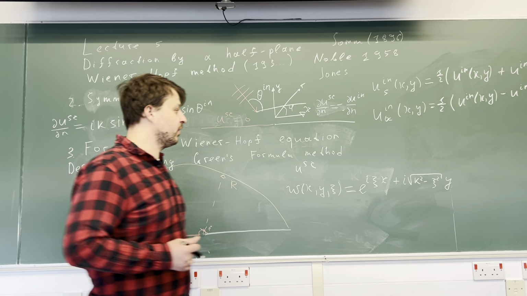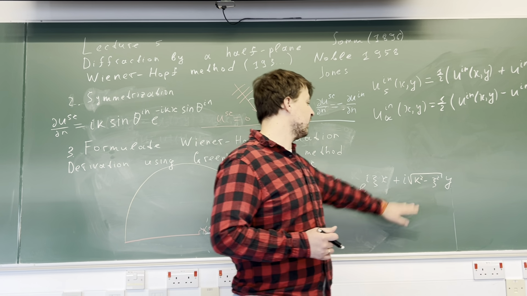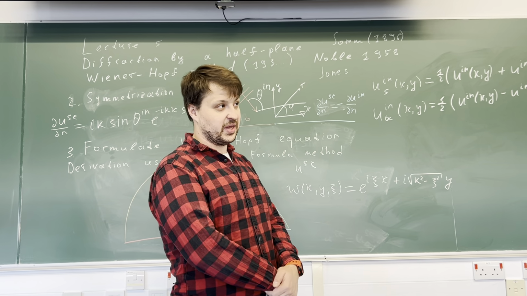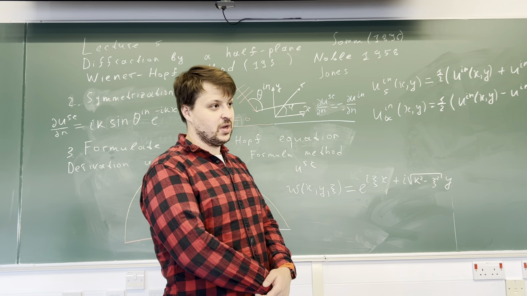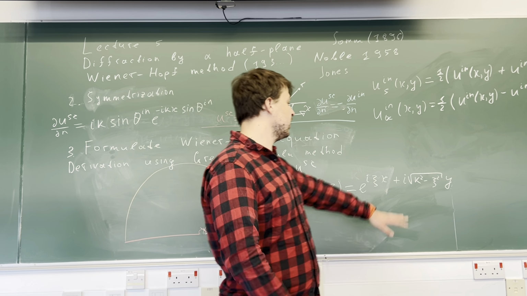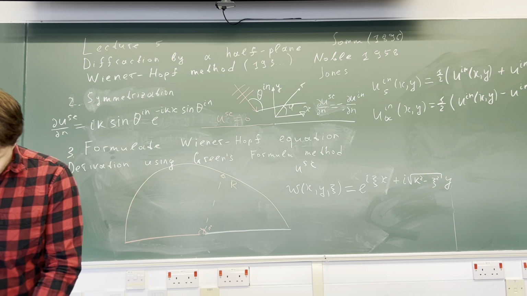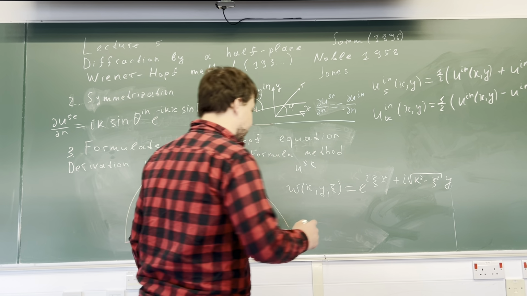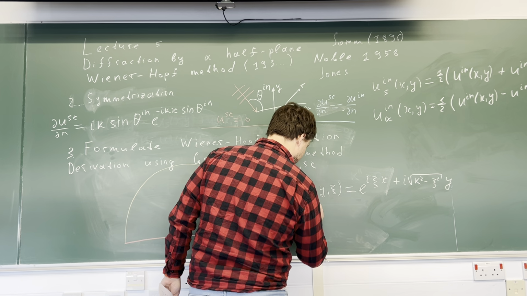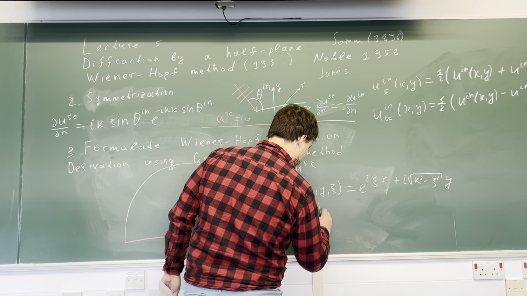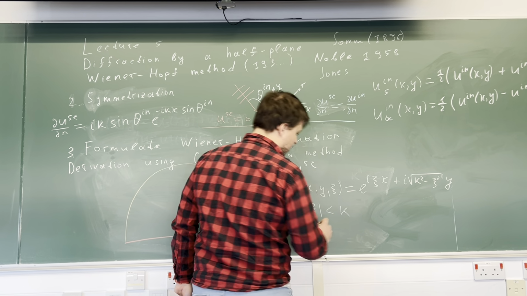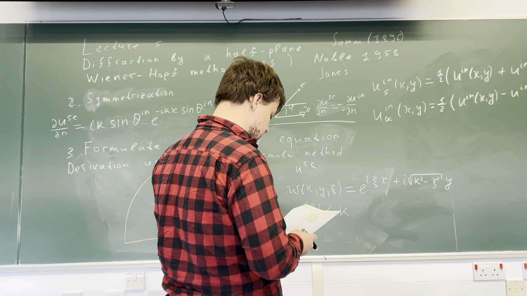Formally, we discussed it before, but I need to choose a branch of my square root. I need to say which way I choose the sign in front of the square root. We did it, but it would be nice to repeat for those who are not used to these things.